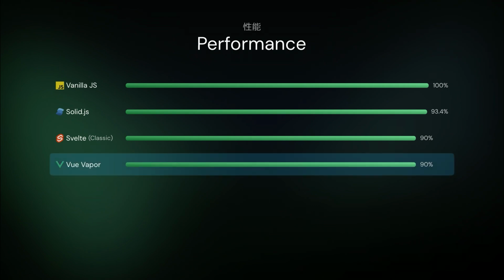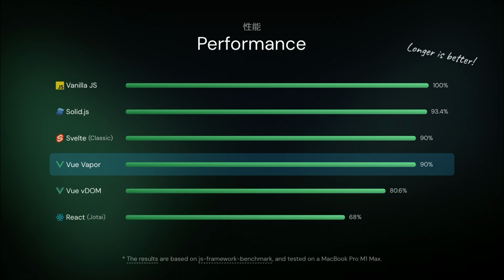Now, Vue Vapor is on par with Svelte, as Evan said before, which is quite impressive. It's noticeably faster than Vue VDOM mode and React with Jotai. Even though Vapor already surpasses VDOM and React, there's still room for improvement, and we are dedicated to making it even better.